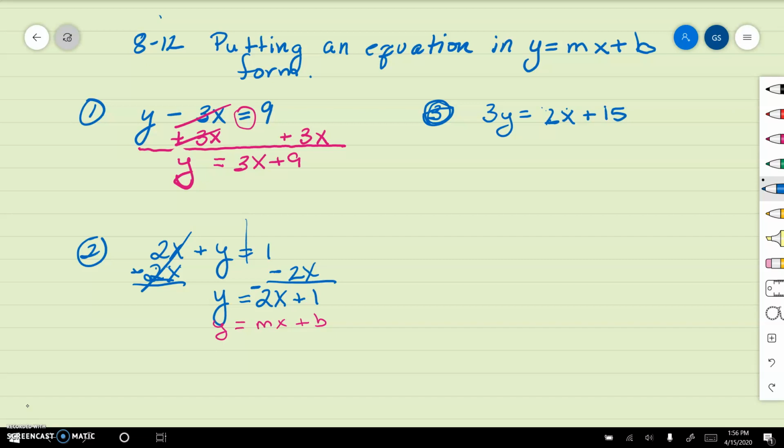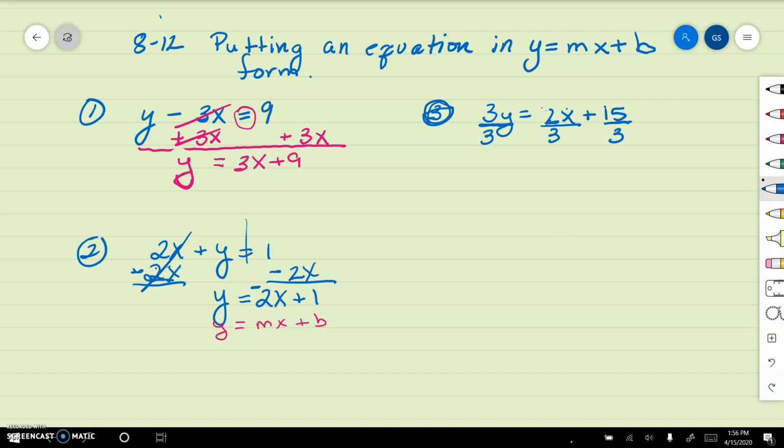What's going on here between 3 and y is multiplication. So what do we always do to get rid of multiplication? We do the opposite. We do division. We're going to divide by 3 everywhere. So divide by 3 on your y term, on your x term, and on your constant term, 15.